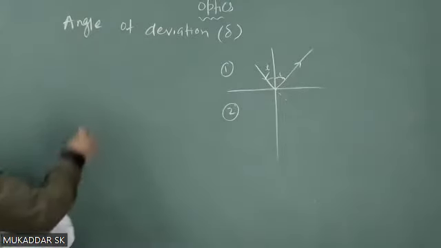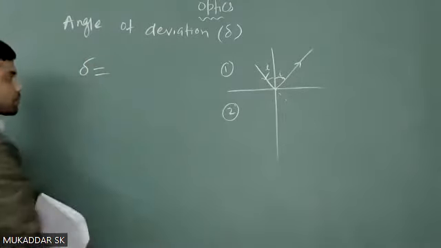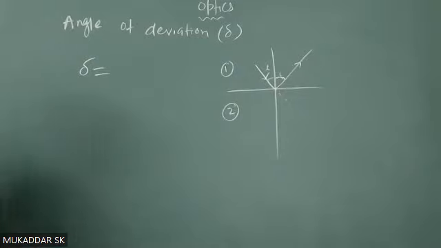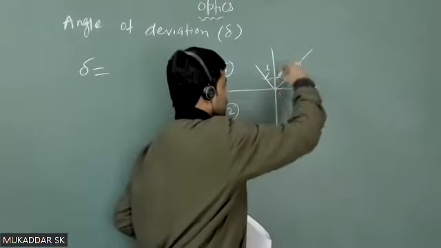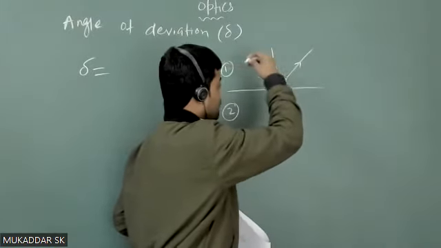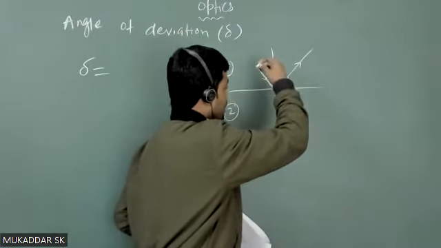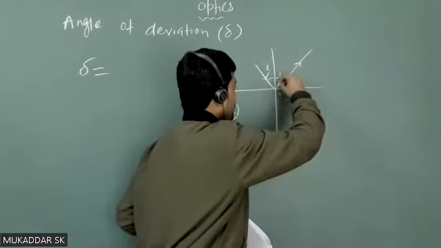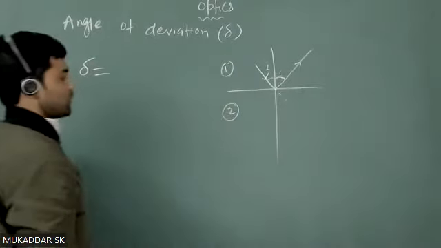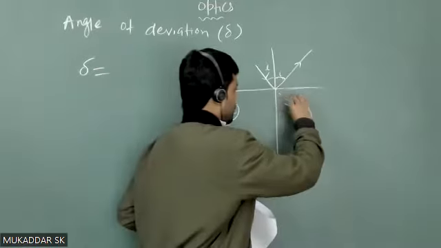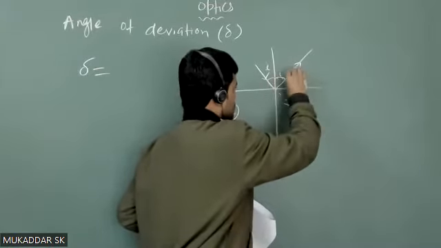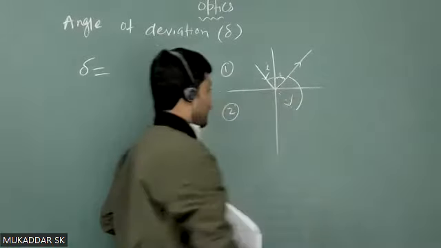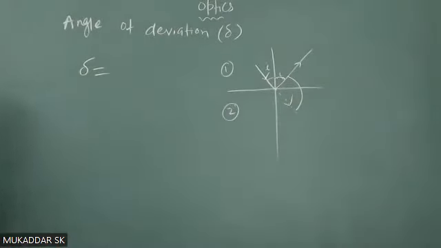So the angle of deviation is nothing but the angle between the actual path and the undeviated path. The light was supposed to follow the undeviated path, but actually it followed this path. So this angle will be the angle of deviation.